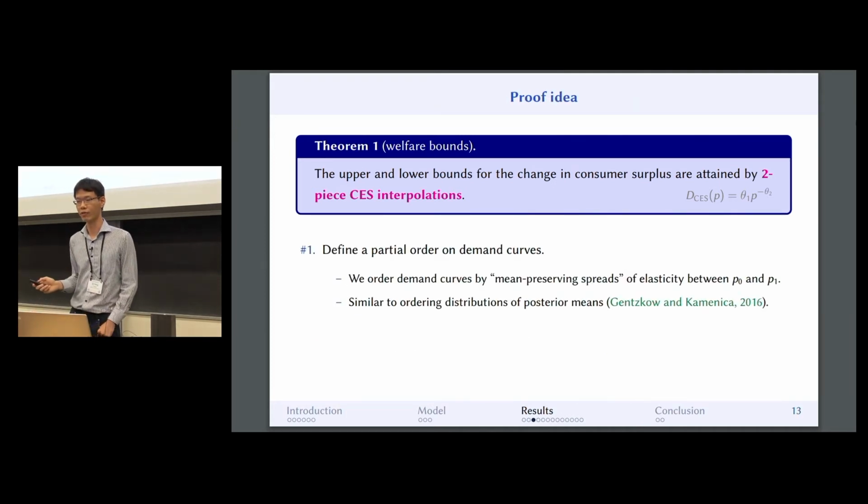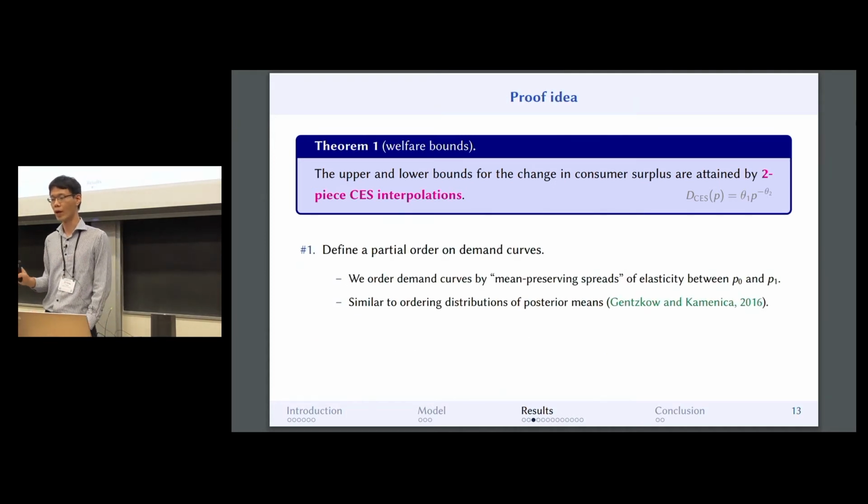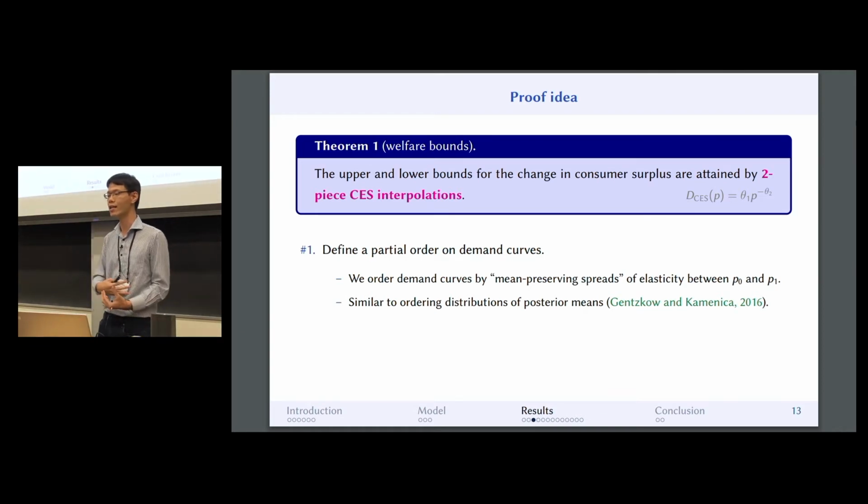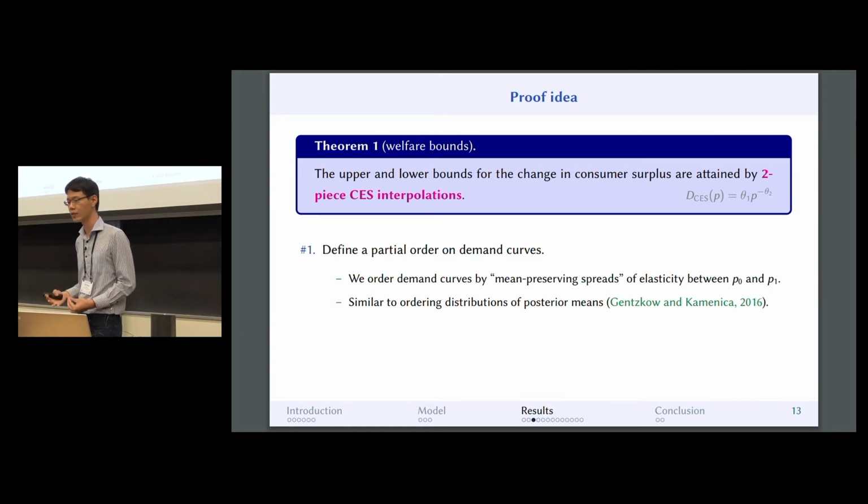The proof is actually very simple, but what we want to highlight here is exactly this first point. So the way we prove this is we define a partial order on demand curves. So we order these demand curves by mean preserving spreads of elasticity between P0 and P1. But really what surprised us was how similar this problem is to the problem of Bayesian persuasion.